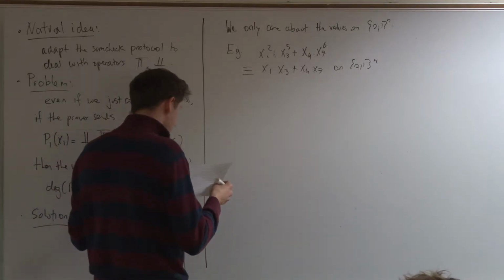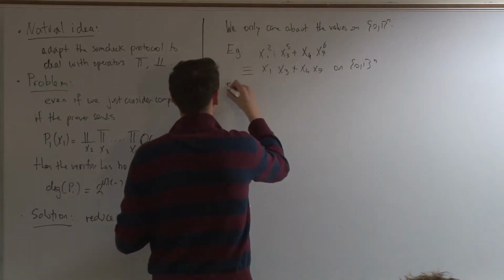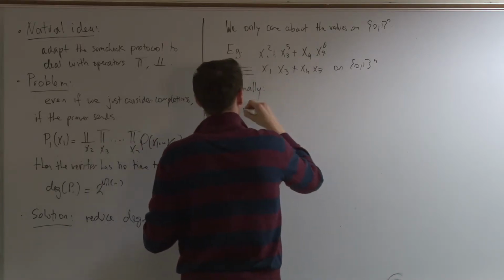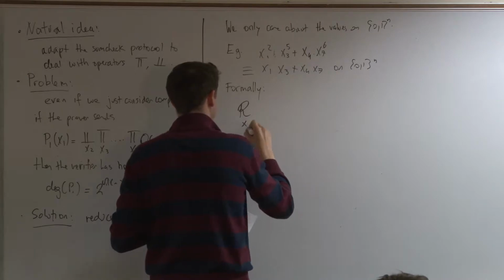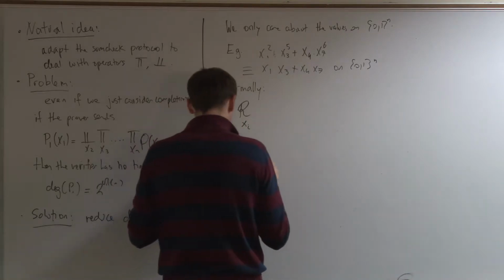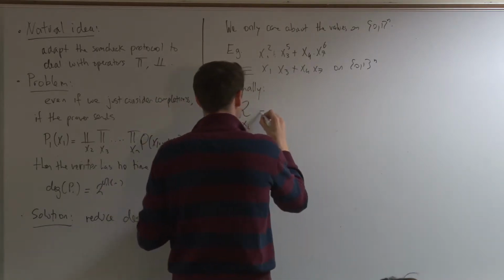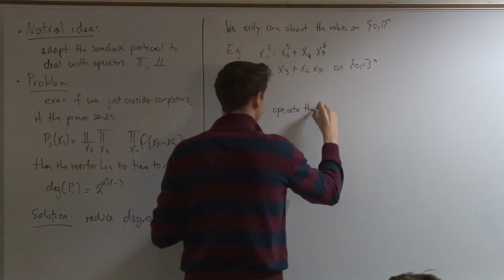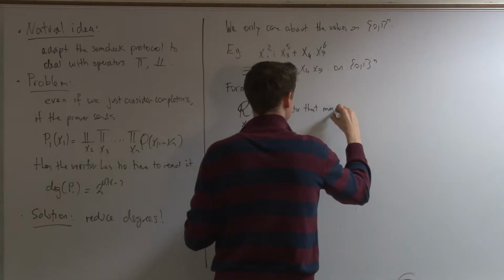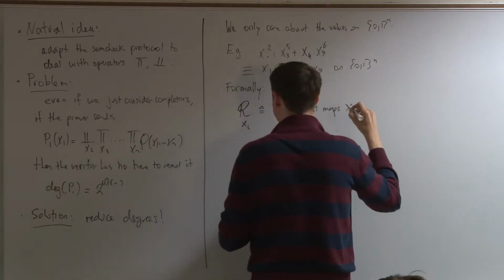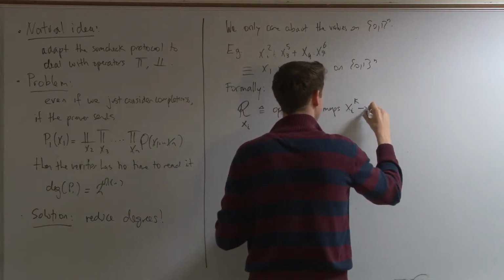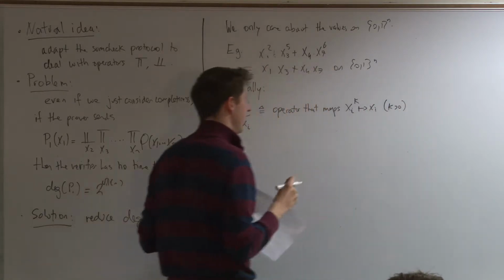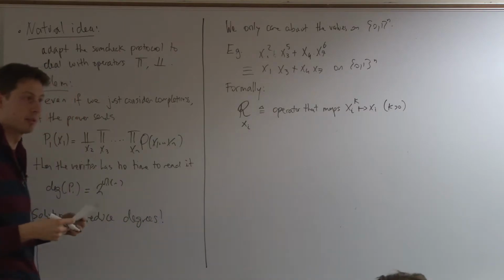Formally, we're going to introduce a new operator, R sub xi, which maps xi to the k to xi in the event that k was actually greater than 0. If xi wasn't appearing, then it doesn't appear.